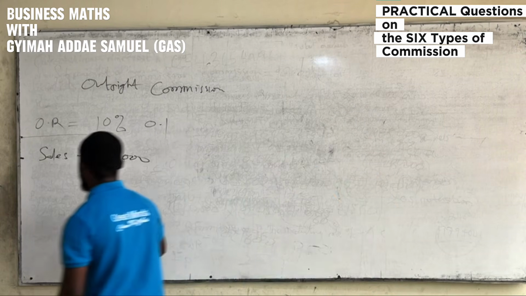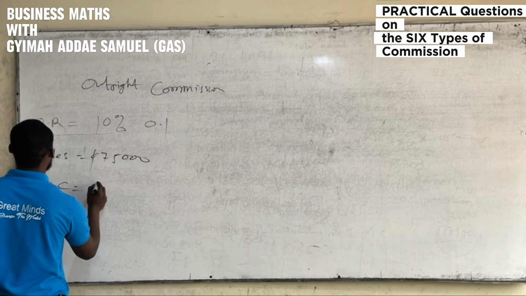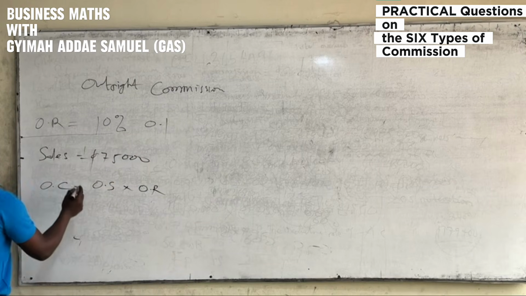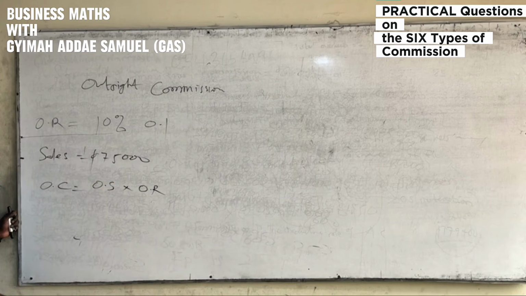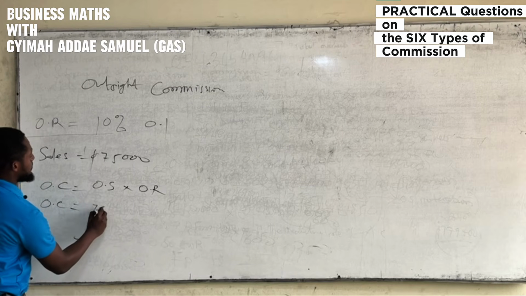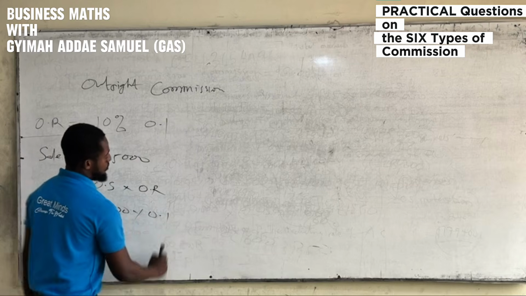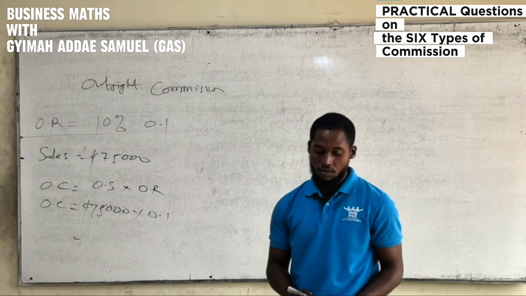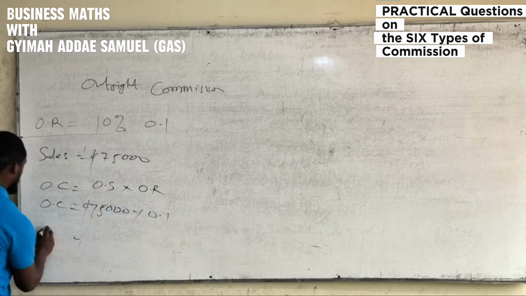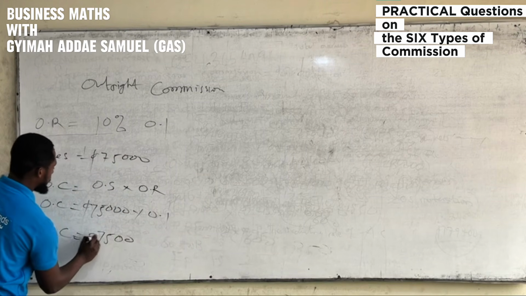So OC becomes OS times OR, which is outright sales times outright rate. 75,000 Ghana cedis times 0.1, making 7,500. So our outright commission is 7,500 Ghana cedis.